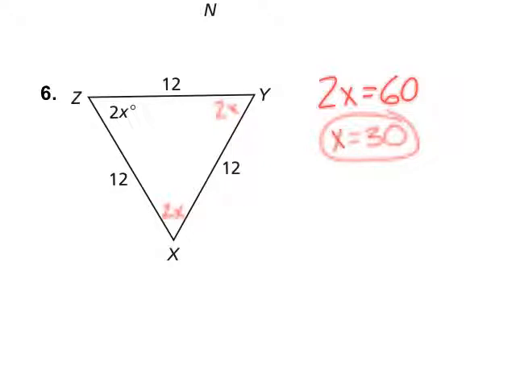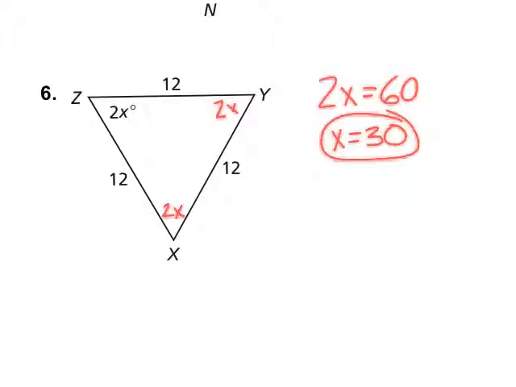So I divided by 2 on both sides, and x has to be 30. Okay? Even if you didn't know it was all 60, you could say, okay, that's 2x, that's 2x, that's 2x. So 6x equals 180, divide by 6, you still get 30 that way too.